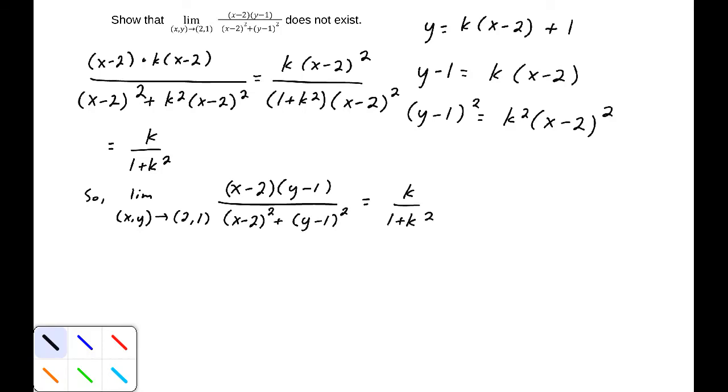This limit depends on what k is. It can be very different depending on what you choose for k. So for different paths, we'll have different limits, so the limit does not exist.